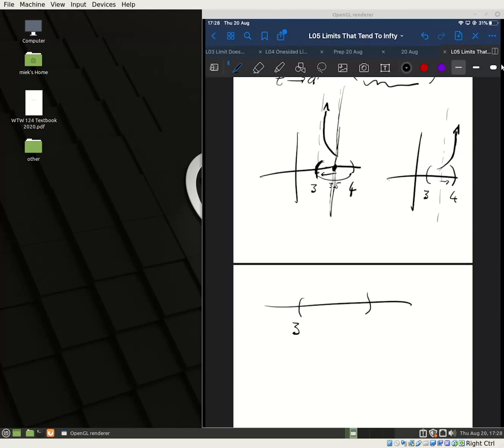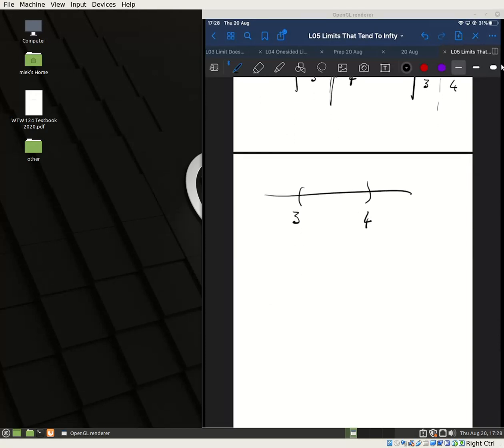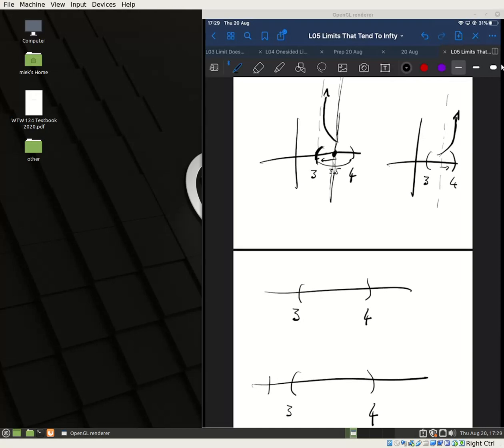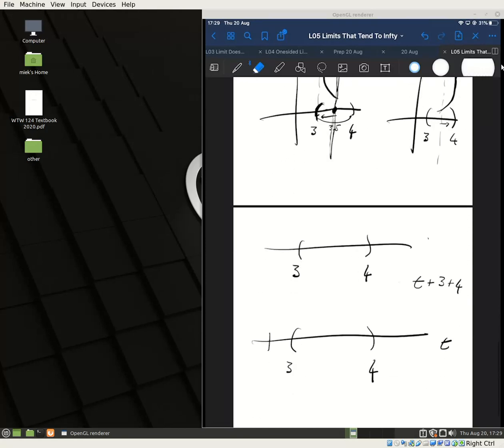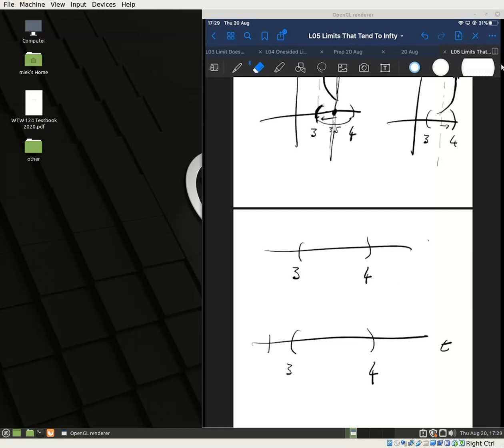So if you've got 3 and 4, and 3 and 4 over here, and think about if this is t, and our transformation sends t to 3 plus 4 minus t.